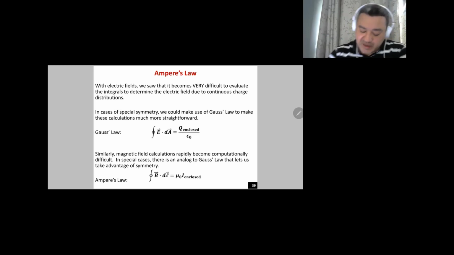So Ampere's law says the closed path integration of the magnetic field along this path equals the current enclosed by this path multiplied by the permeability of the medium that this path exists in.